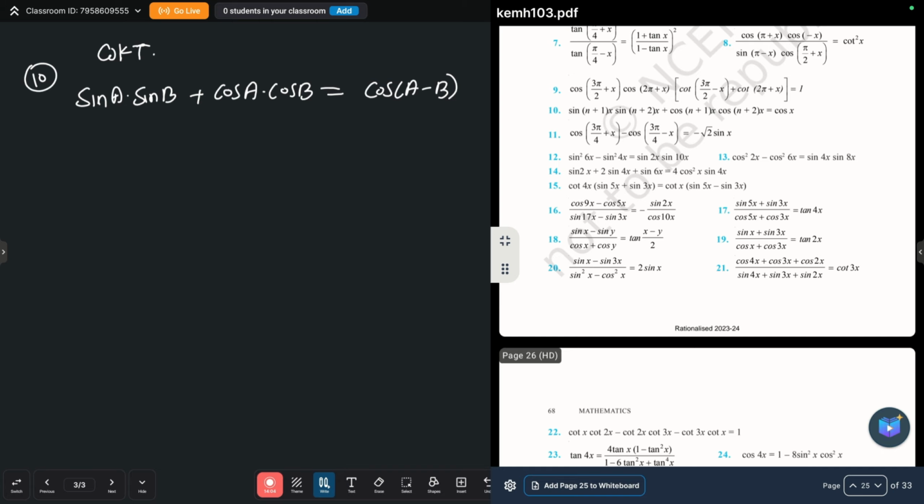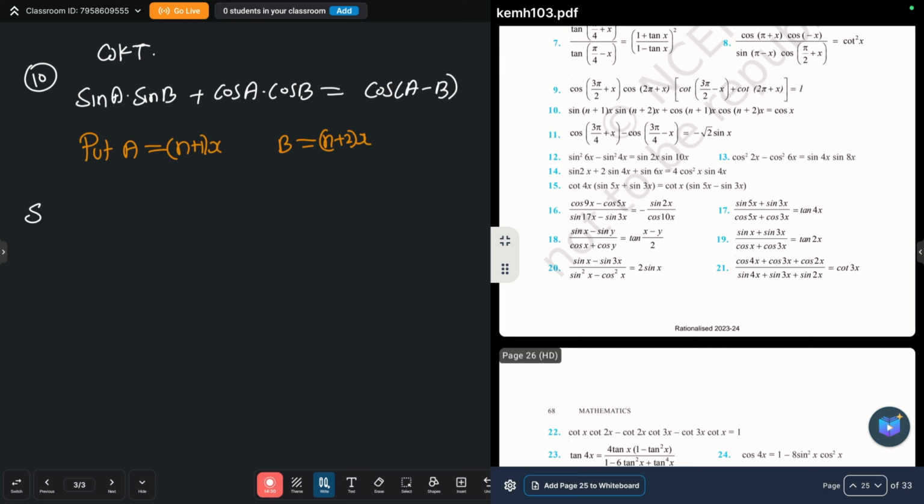Now you decide what I should put as the A value and what I should put as the B value. A is N plus 1 into x, and B is N plus 2 into x. Wherever you see A, replace it with N plus 1 into x.